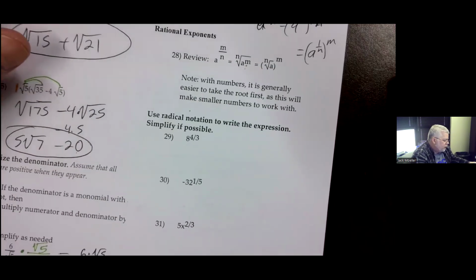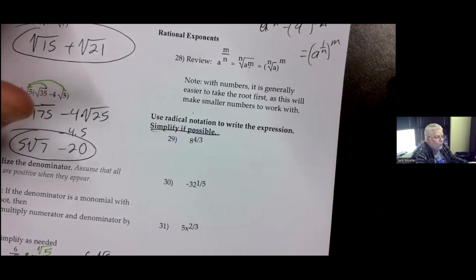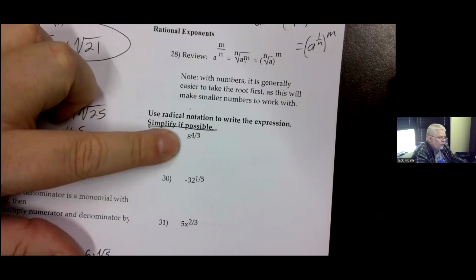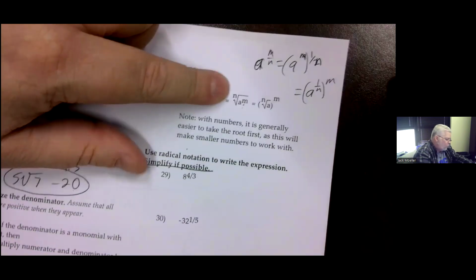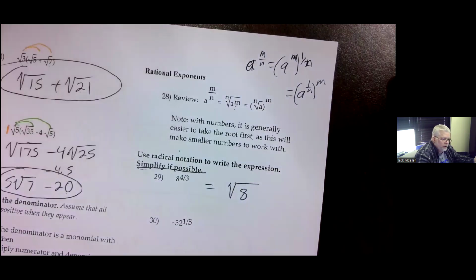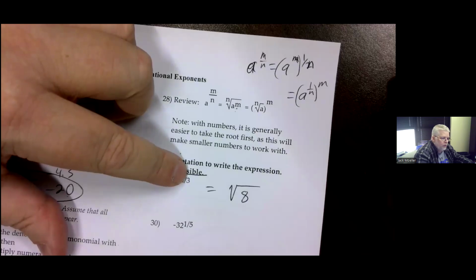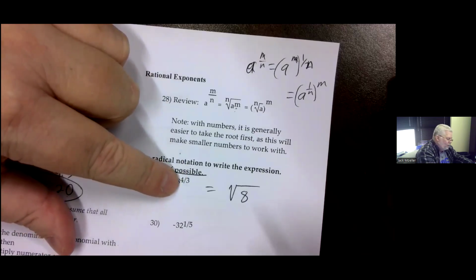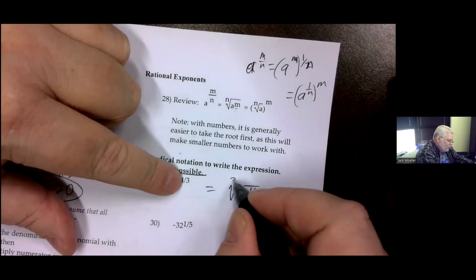So use the radical notation to write the expression, and here it is, simplify if possible. So when you have 8 to the 4/3 power, how would we write that with a radical? Eight is the number on the inside. And so where does the 4 go? Where does the 3 go? Well, the 4, that is the inside exponent, and the denominator is the radical.